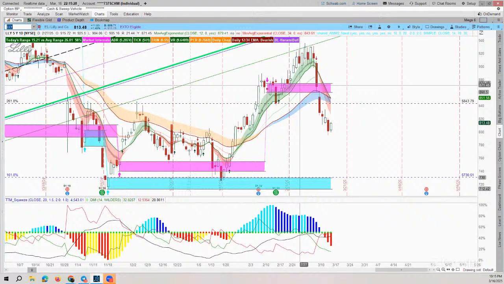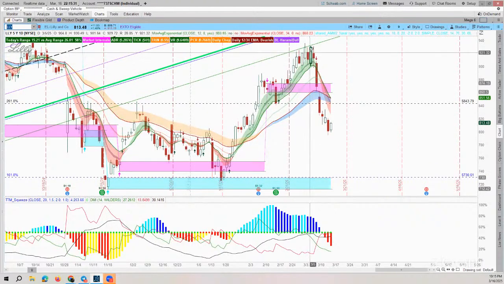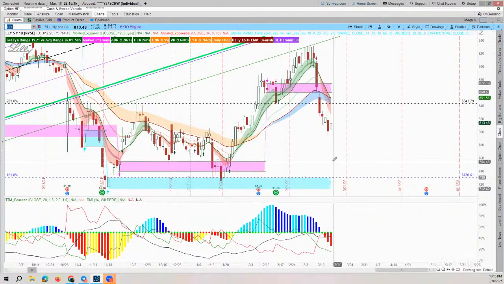It was trying to attempt an inverted head and shoulders but failed miserably. Now it is going to come down. I think 760 is pretty much possible on Lilly. So keep an eye. 829, if it comes to 830, take a shot on the short side and wait for 730. The stop loss is 840.